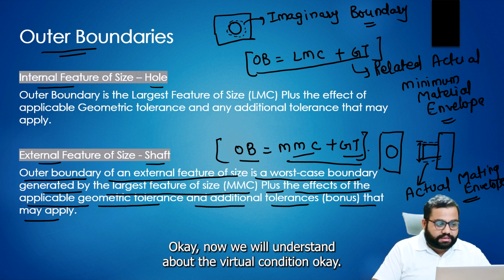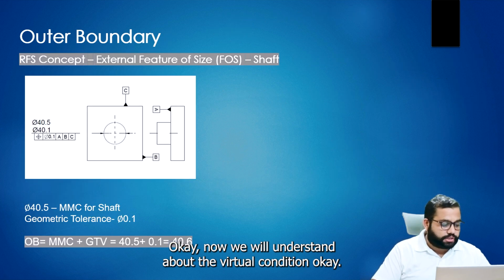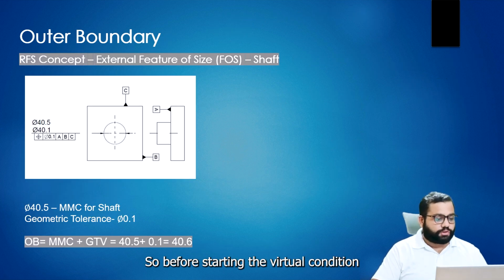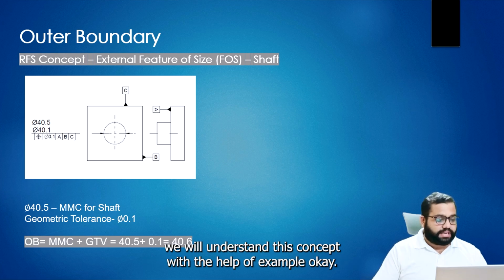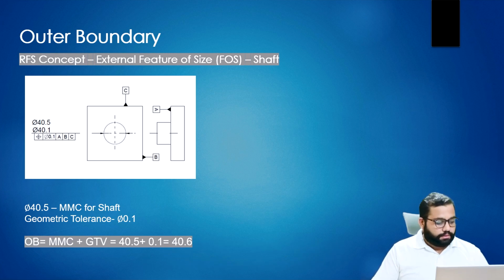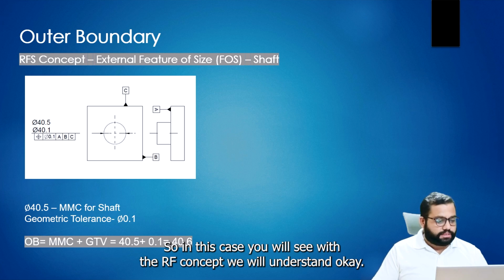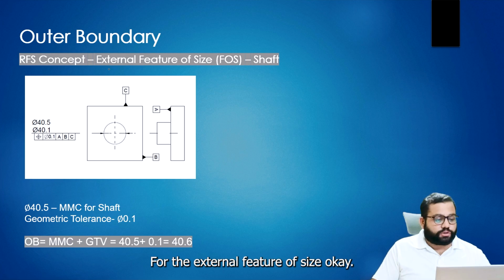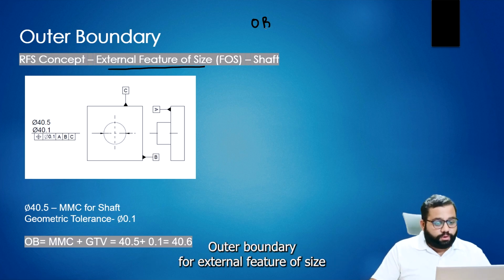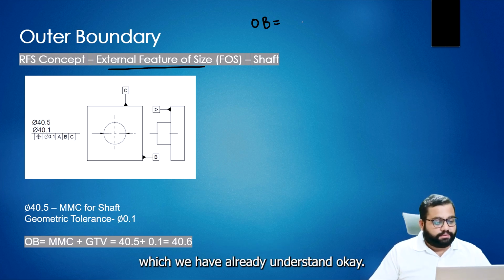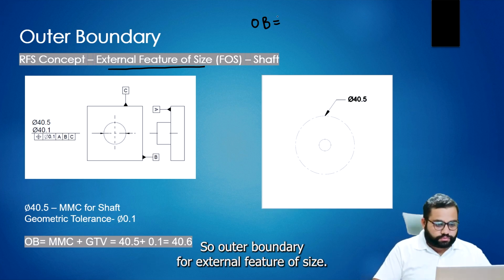Now we will understand the virtual condition. Before starting the virtual condition, we will understand this concept with the help of an example. In this case, with the RFS concept, we will understand the outer boundary for an external feature of size, which we have already understood.